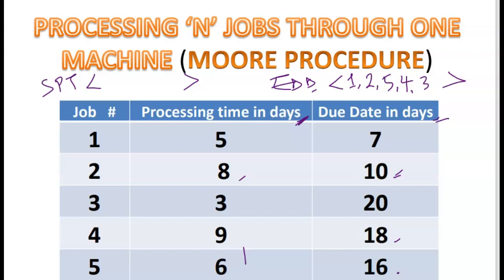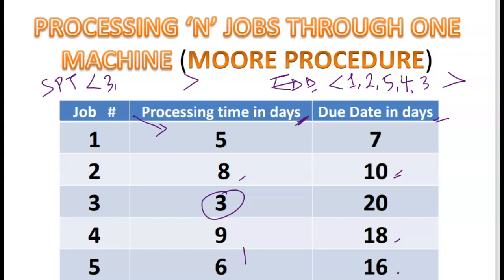If you are using SPT, the shortest processing time, we are considering which job has the shortest processing time. This is job 3, which we will finish in 3 days. Job 3 first. Which comes after job 3?